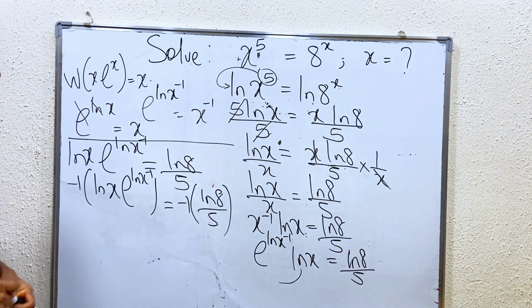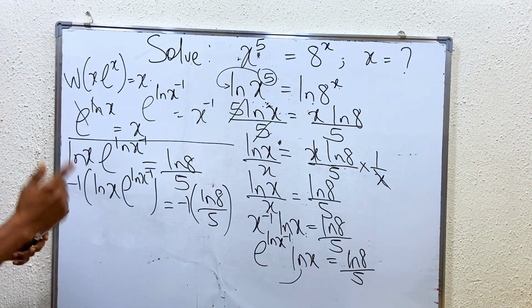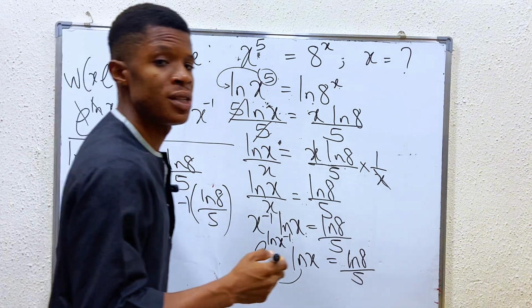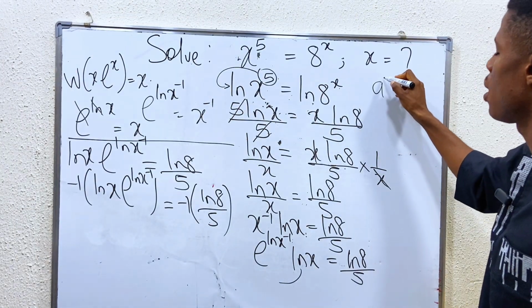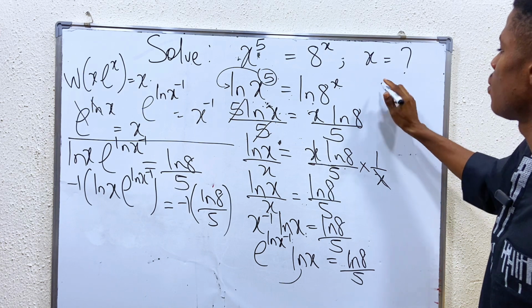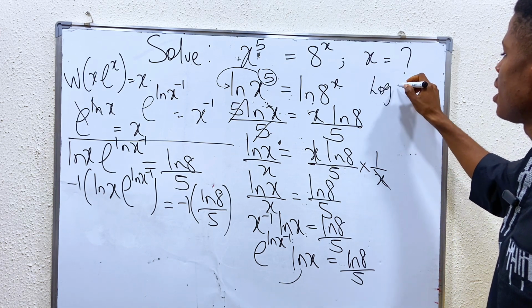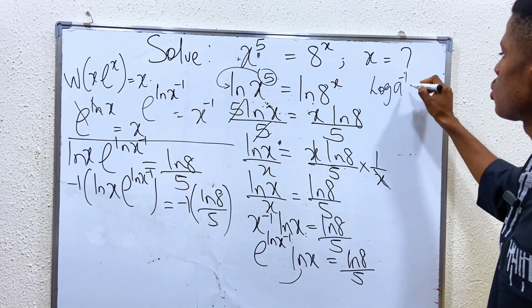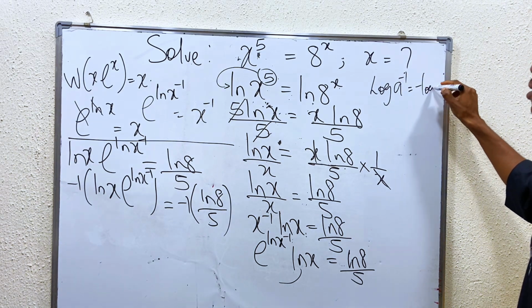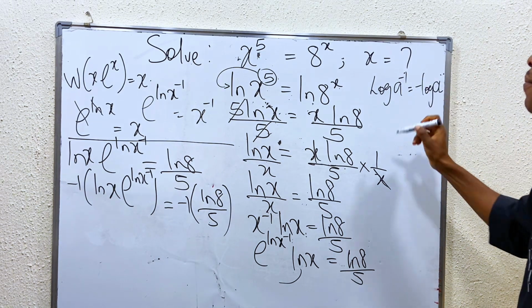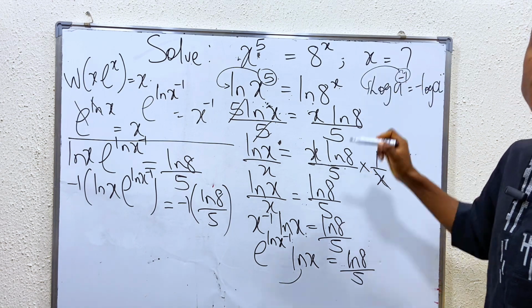Remember the laws of exponents, which say that whenever we have log a to the power of minus 1, that is the same thing as minus log a. The power multiplies the log. You know the rule.